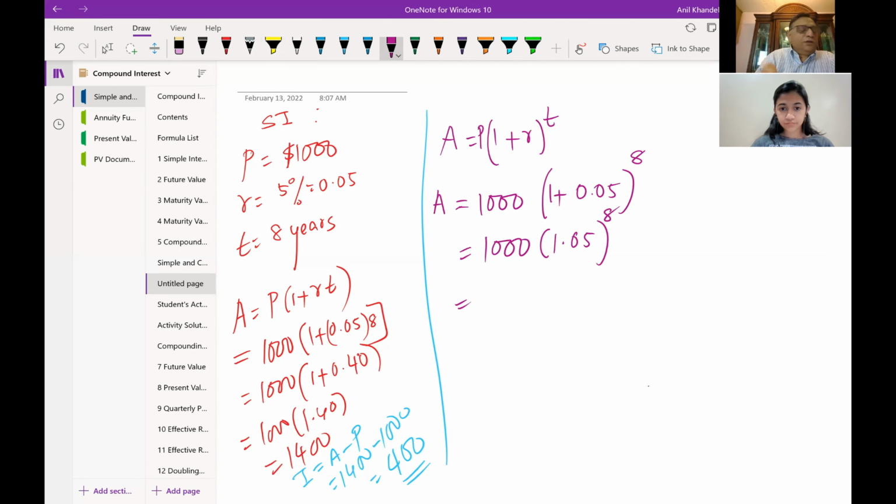So the formula is P times 1 plus R to the power of T. This is per annum. Okay, rate of interest is per annum. Per year it is that. And it is compounded yearly. And we are talking about 7 years. So the amount will be 10,000, which is the principal, times 1 plus rate of interest, 6 is written as 0.06 decimal equivalent, and T is 7.